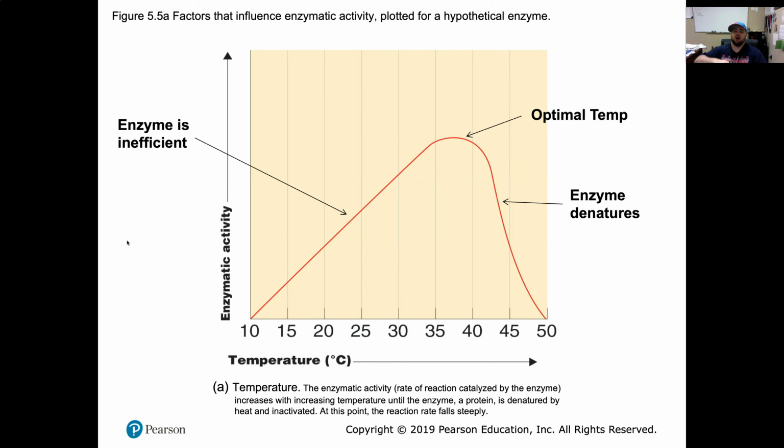So if it took 100 units of energy to start, it would go 100 units, and then it would start. 100 units, and it would start. But now it's 50, 50, 50, 50, and it goes faster and faster and faster. Okay? This is really good when the cells need it.